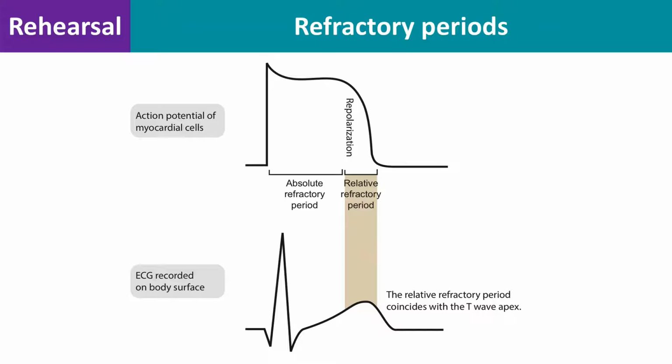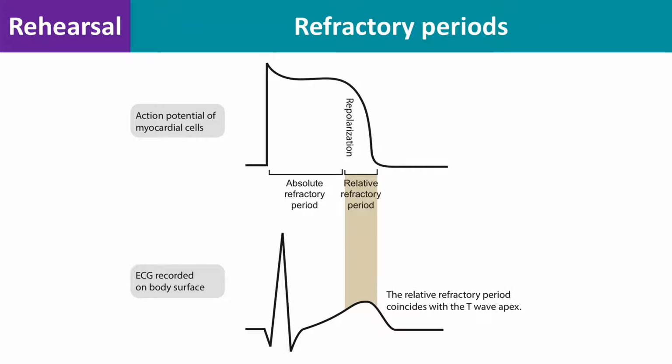And on the ECG curve, the absolute refractory period starts with the QRS complex and it ends approximately on the apex of the T wave. The apex of the T wave corresponds to the relative refractory period, and this means that you will sometimes see extra beats or additional beats occurring on the T wave.